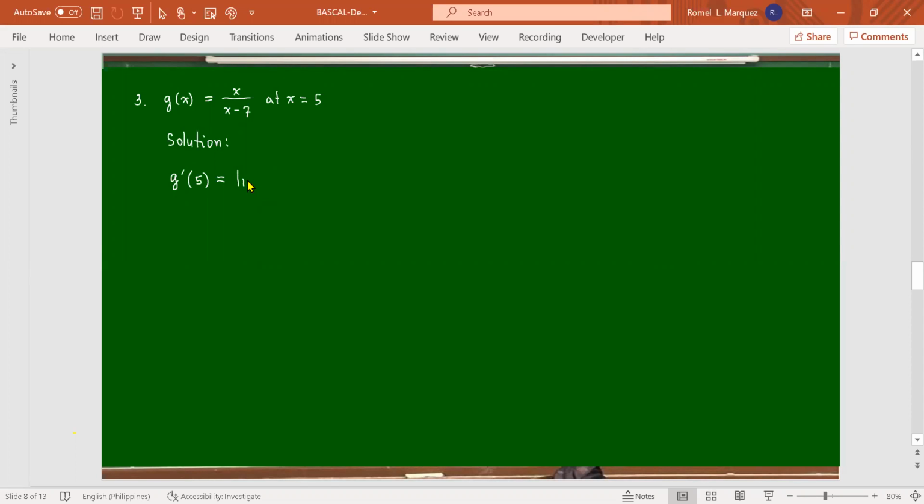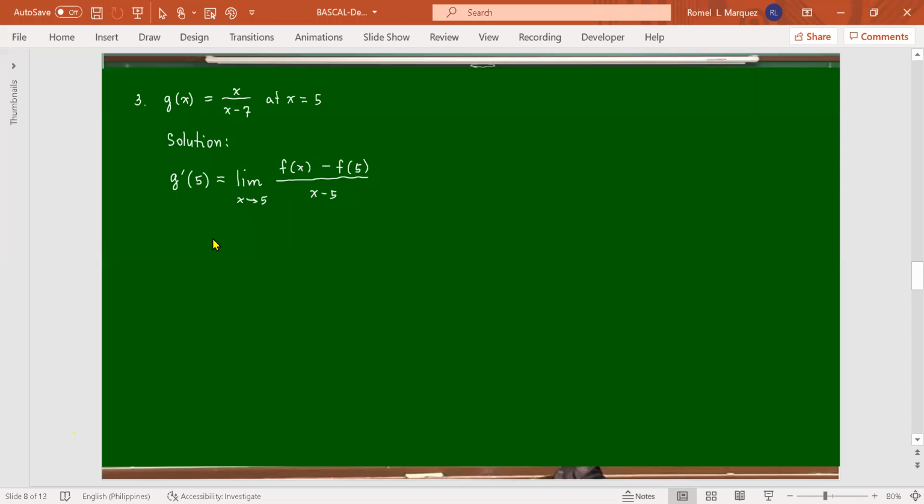So we now have the limit as x approaches 5 of f of x minus the value of the function at 5, over x minus 5.